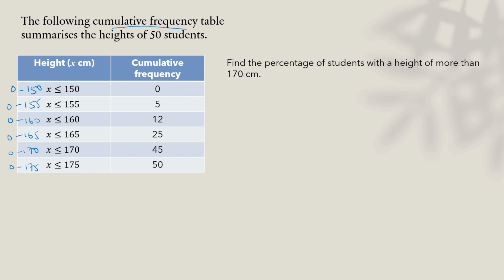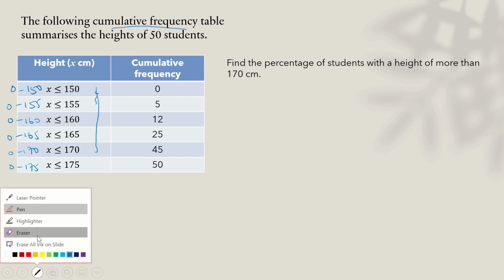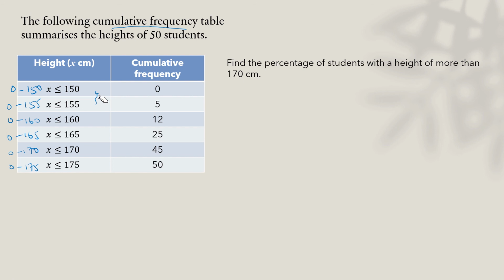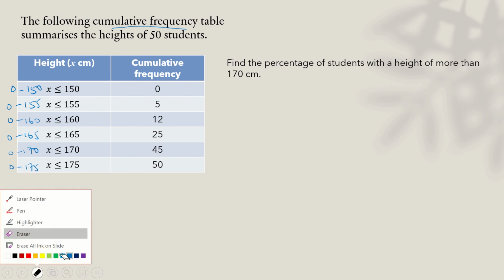So the first thing you've got to do is find the number of students whose height is more than 170. All this, from here to here, these are students whose height is up to 170. So we don't want students whose height is less than 170. We want students whose height is more than 170.